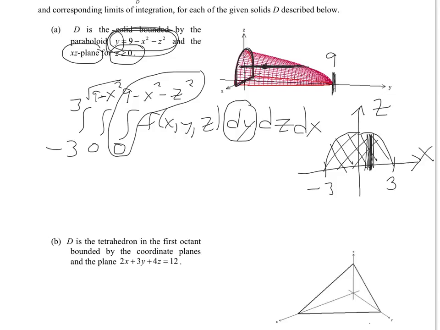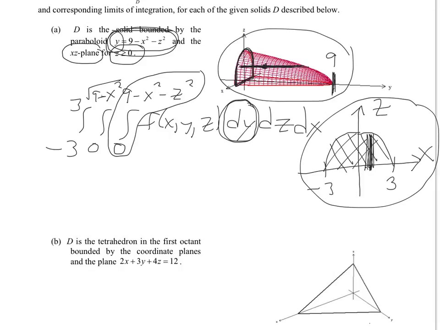You've taken this variable out of the discussion, and now what you need to be looking at is the shadow that the solid makes in the plane of the remaining two variables.